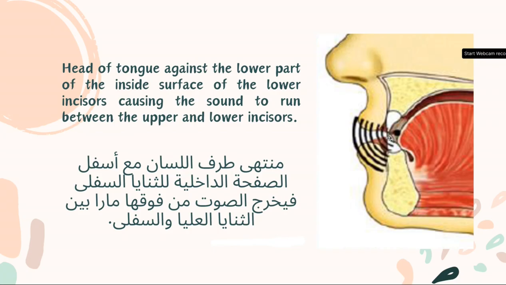Those two teeth are very close to each other, just leaving a small opening, and this is why the whistling sound occurs. This is how the whistling sound occurs, okay? Because the sound runs through this very narrow path between the two teeth, created by the position of the tongue, okay?